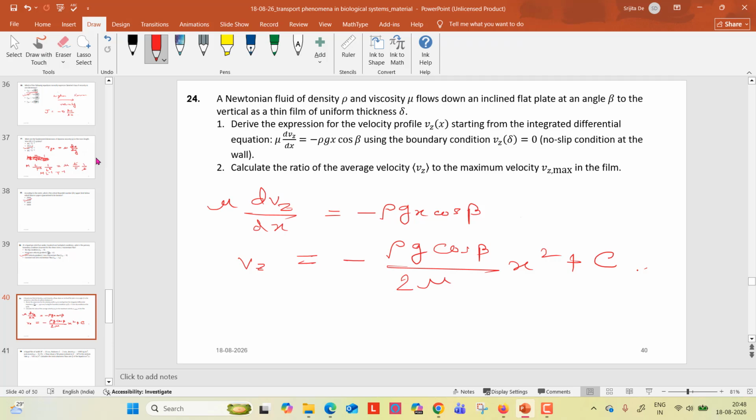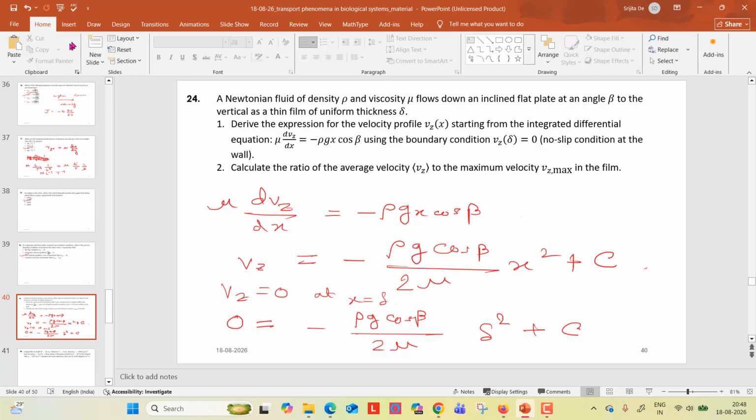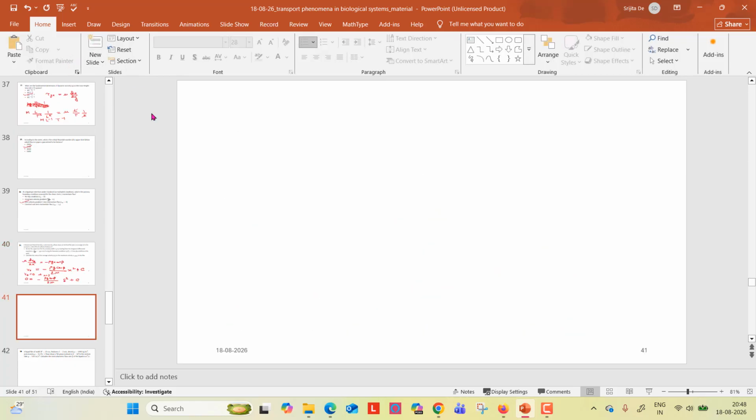So it will be 0 equals minus rho g cos beta by 2 mu delta square plus c. So what will be the c? Now c will be coming as rho g cos beta by 2 mu into delta square, right?